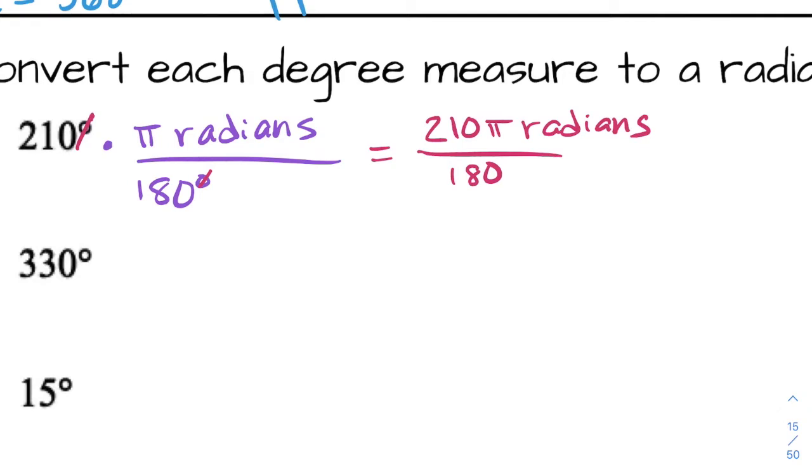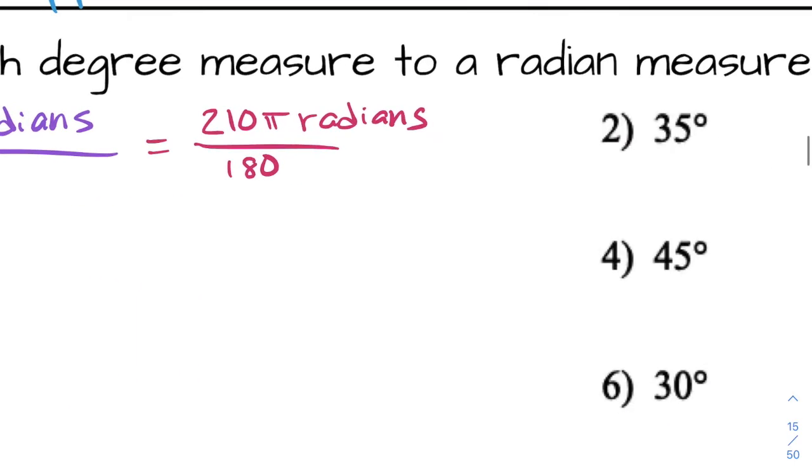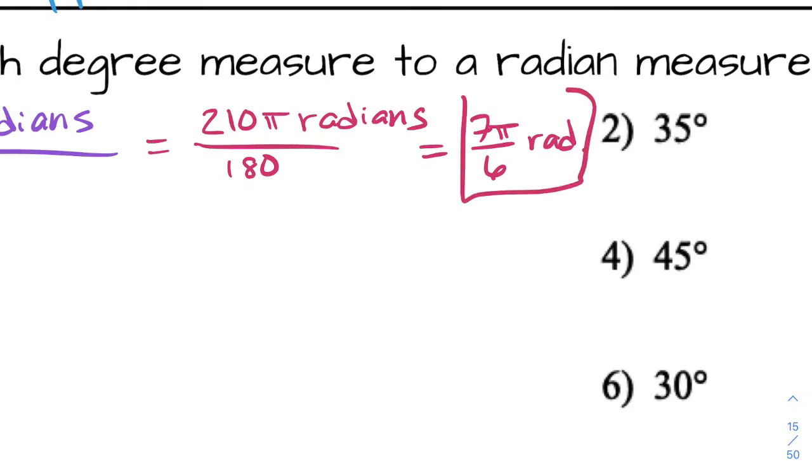I can simplify it more though. 21 divided by 3 and 18 divided by 3. And so 7, 6. So this ends up simplifying to be 7 pi over 6 radians. And we're done.